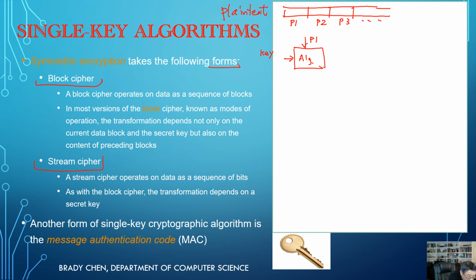So it takes the first block and the key, which is also a sequence of digits, and then generates a block called the ciphertext, and we call this block C1.